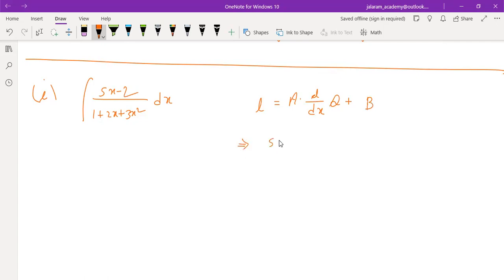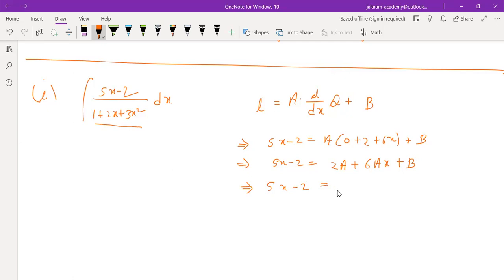Now the linear term 5x minus 2 equals a into the differentiation of the quadratic 1 plus 2x plus 3x square, which is 0 plus 2 plus 6x, into a, plus b. It implies 5x minus 2 equals, opening the bracket, 2a plus 6ax plus b. It implies 5x minus 2 equals 6ax plus 2a plus b.